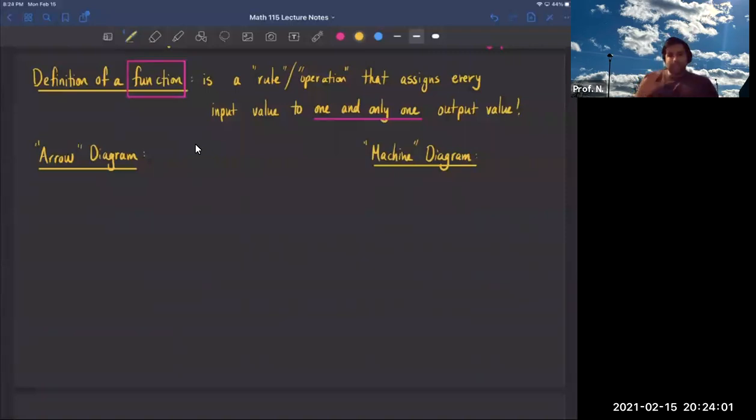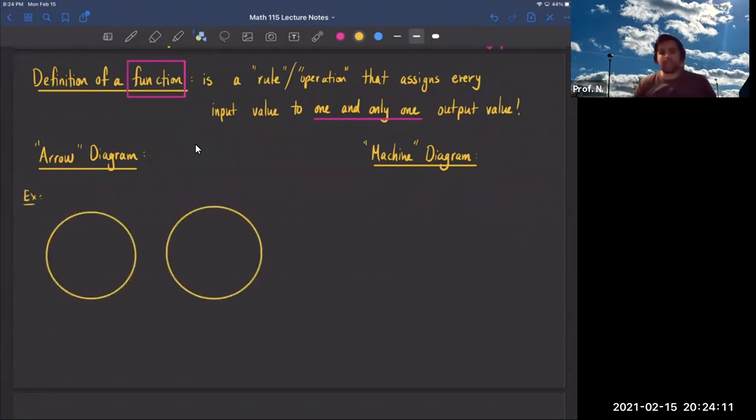So if you consider this as an arrow diagram, then the way we consider this is as an example. You can think of all the sets. We talked about sets, right? We talked about groups. So we can create little groups and we're going to visualize them with circles. So the first group is going to be called the group of inputs or the set of inputs.